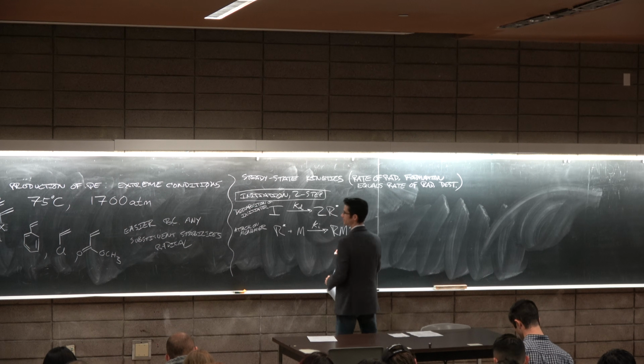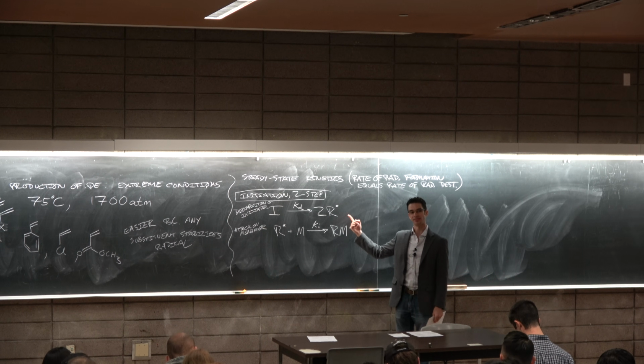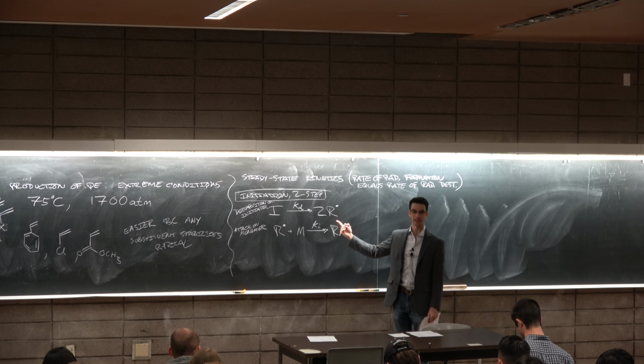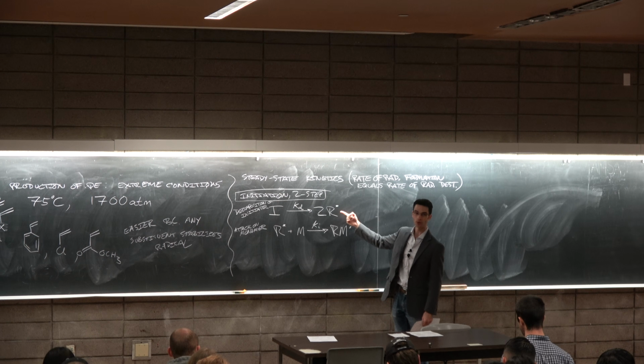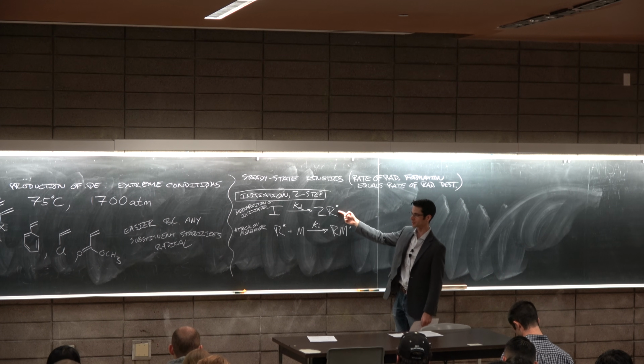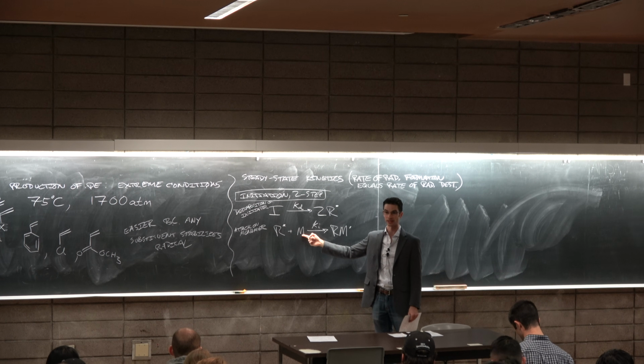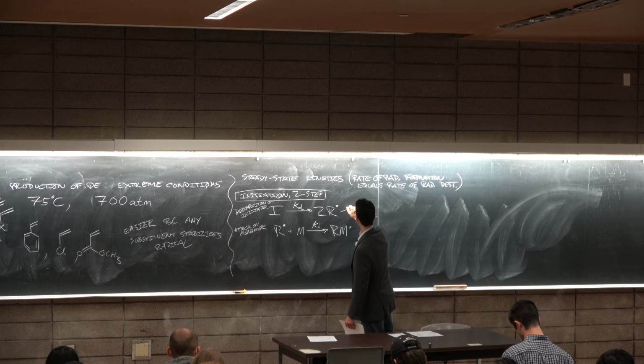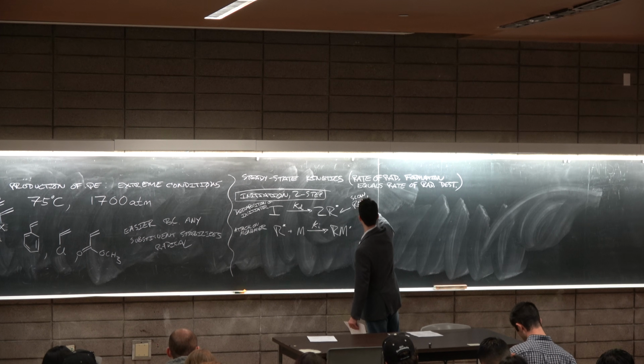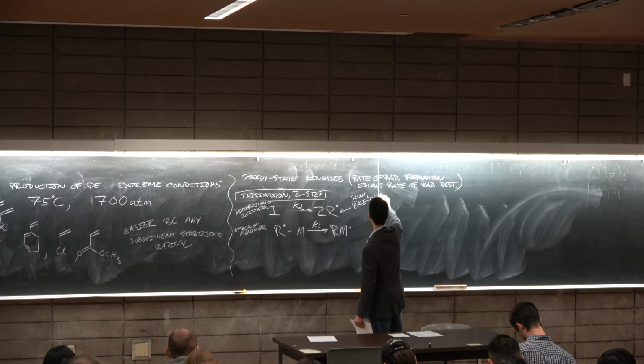Now, it turns out that the decomposition of the initiator is the rate determining step. So this is the more important term kinetically. Once these are generated, it reacts relatively quickly with the monomers. So this is the slow, rate determining step.